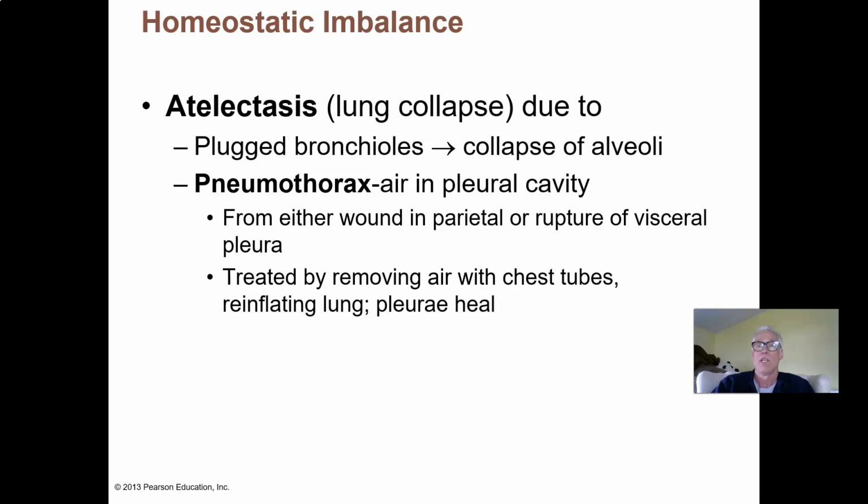Atelectasis can refer to just individual alveoli collapsing, but it's often used to talk about a lung collapse or part of a segment of the lung. If a bronchiole gets plugged, that will lead to collapse of the alveoli that are downstream of that bronchiole. If it's air that comes into the lung through an opening in the pleural membranes and we have lung collapse, that's called pneumothorax, because there's air. We of course have air in the lungs all the time, but there's now air in the thorax where it shouldn't be. And so that's the reference in that terminology.